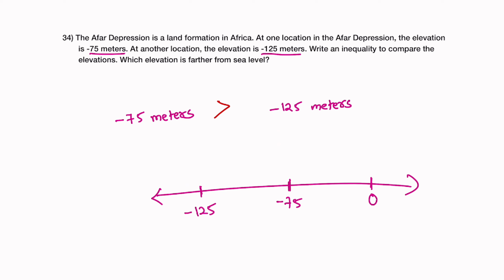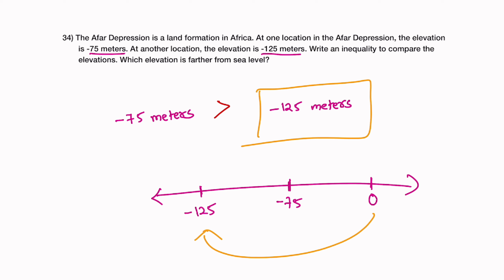Which one is farther from sea level? So, of course, this one. So, the answer is this. And are you going to do what I did? No, you will write a proper sentence. You will say, the second location, which is minus 125 meters, is farther from sea level, to get full points. Next one.